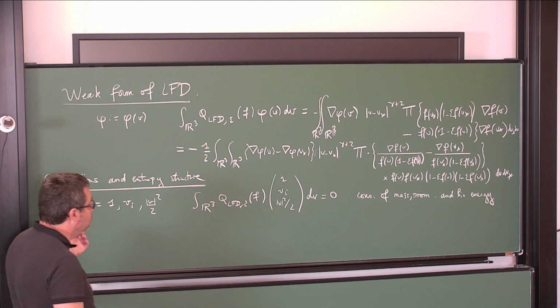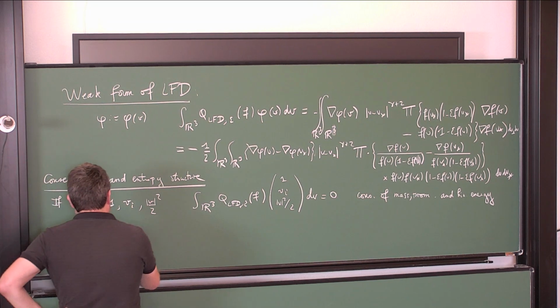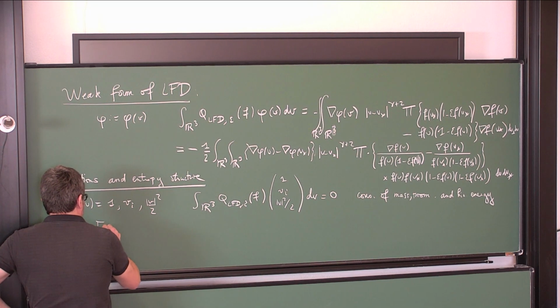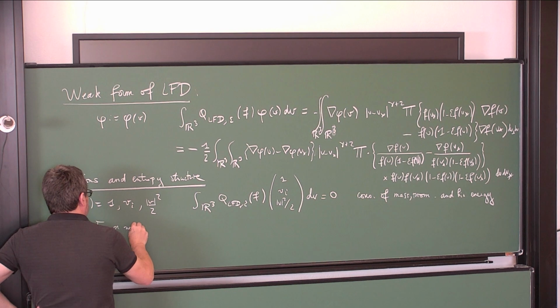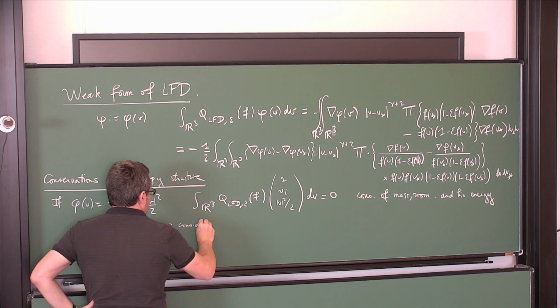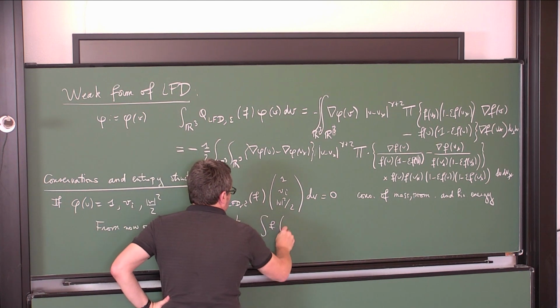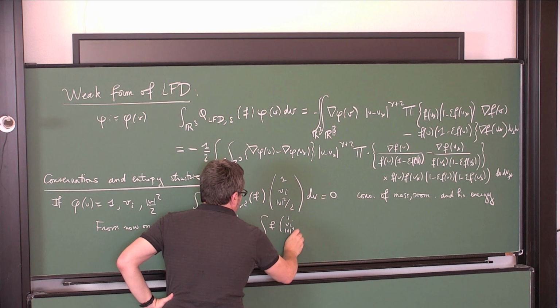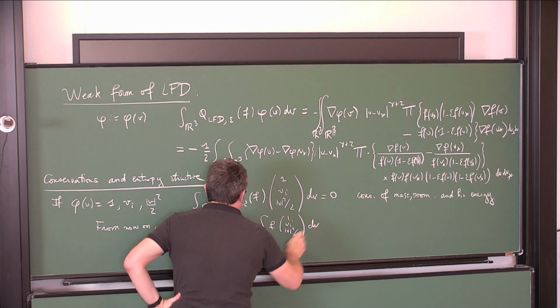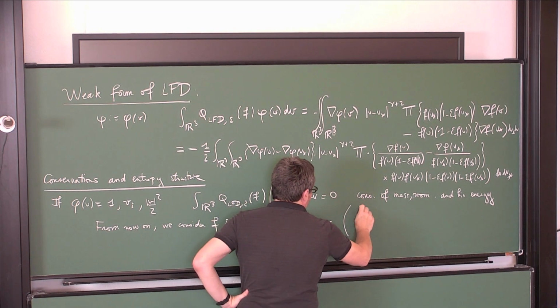And the usual way to normalize those functions consists in supposing that, so from now on, we consider F such that the mass, momentum, and kinetic energy associated to F are 1, 0, and 3.